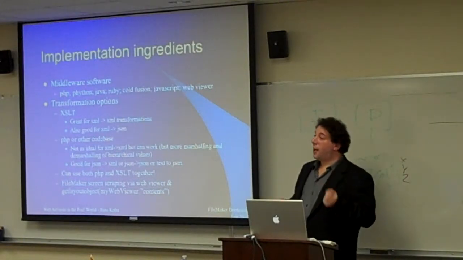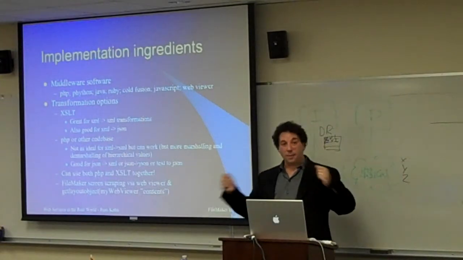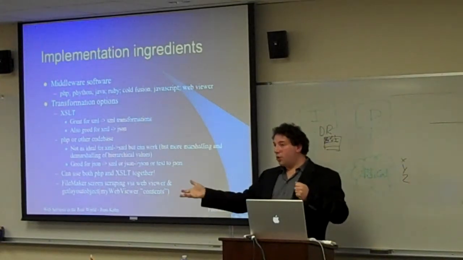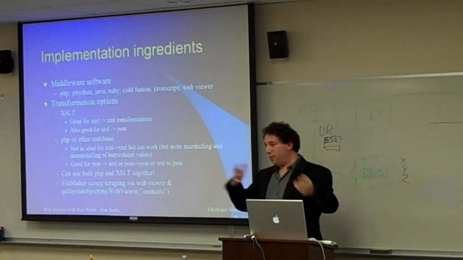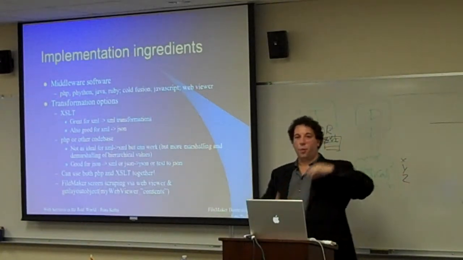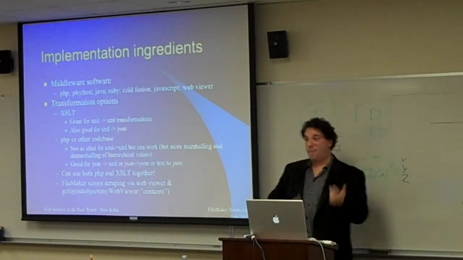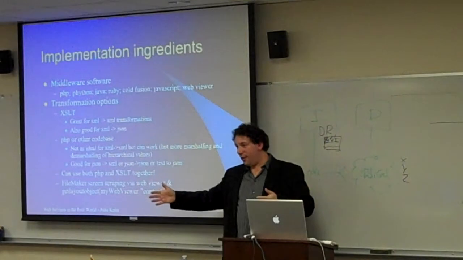So there's a lot of work that has to be done when you're working between XML and PHP if you want to stay in the PHP environment, marshalling and demarshalling your values. You have to take the XML and convert it into the appropriate array in PHP so that you can then work with it natively within PHP, and then convert it back into the XML that the other guy wants.